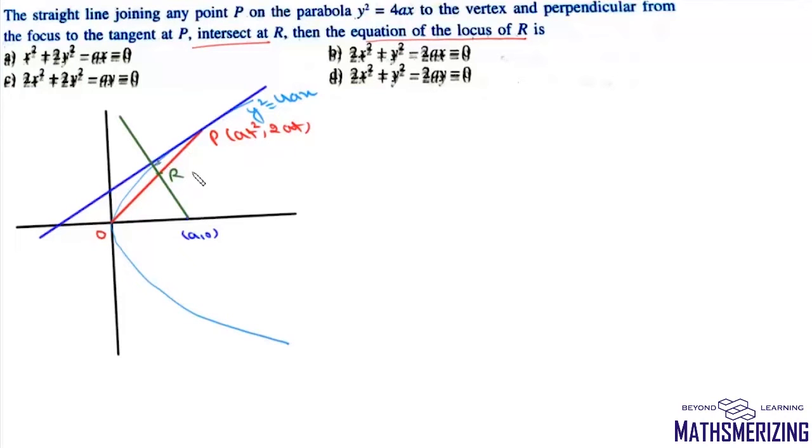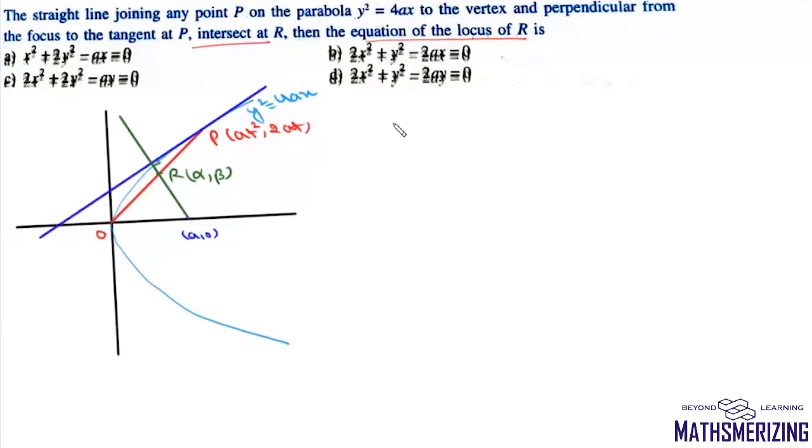So what we'll do is, let's say this R is (alpha, beta). So we need to find relationship between alpha and beta, and we need to eliminate this parameter t. Now for this OP and R, they lie on a straight line.